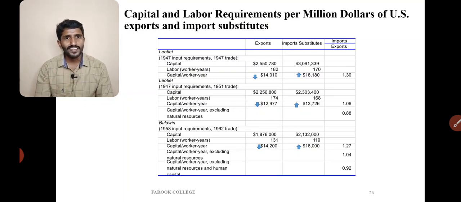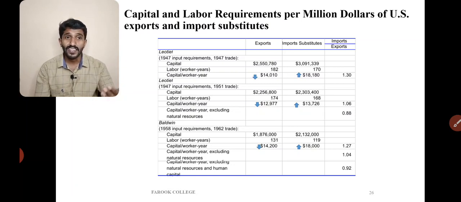As far as the 1947 data, capital per worker is low in exports. It was around 40,000 something compared to import substitutes. In import substitutes, the capital per worker ratio was high.